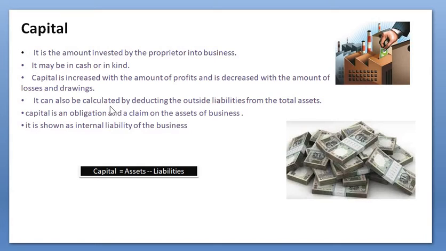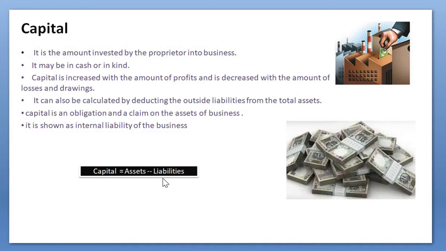Capital can also be calculated by deducting the outsider's liability from the total assets. In previous session, we have discussed the liabilities and assets. So assets are the property of the business. These assets are purchased by the businessman either by arranging the finance from owner or from the outsiders.